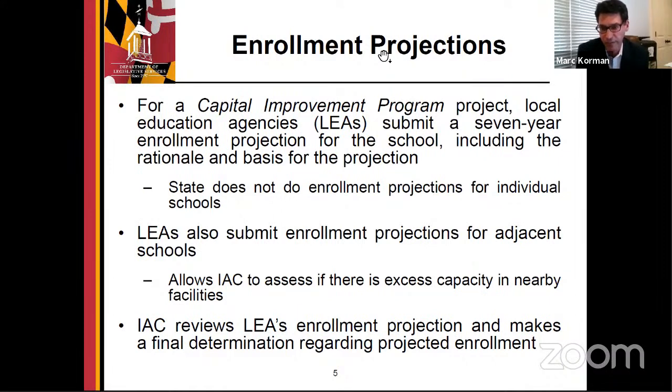So are you saying if Somerset Elementary, which is also a municipality, not just a county, has room for 5 students, and Bethesda Elementary is over by 45 students, they'll only approve funding, whatever capacity is needed at Bethesda Elementary for 40 students, under the theory that 5 of those students could be redistricted into Somerset Elementary next door? No, I'm going to let the IAC take that one, because that gets into the process.